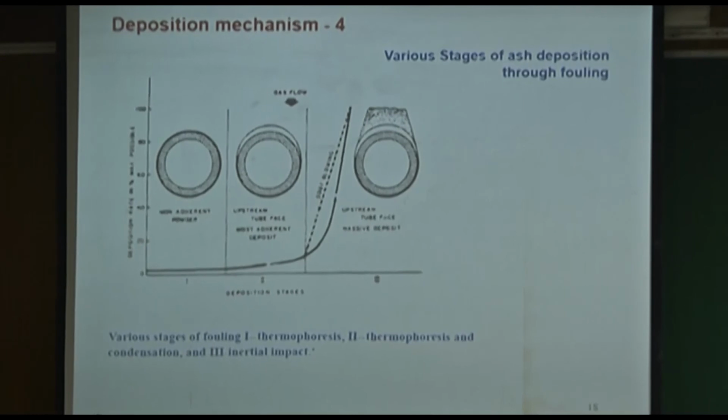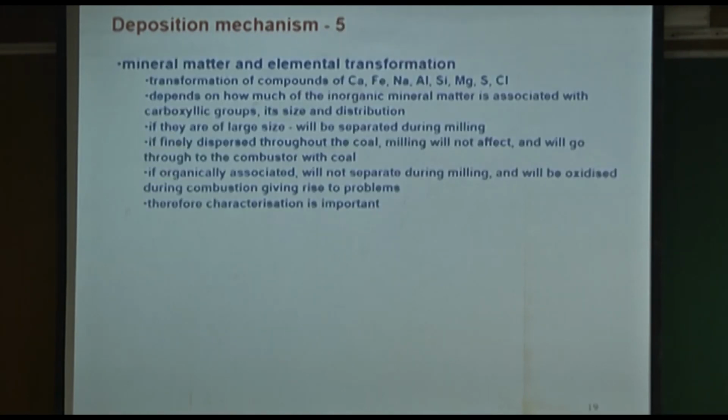If you don't, then you have problems. So your question is about mineral matter transformation. What does it mean? It is the transformation of the compounds consisting of any or all of these. As I keep saying, these two alone are not problematic. It's the other ones which start creating the problem.